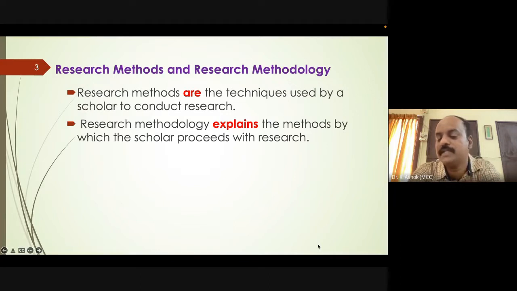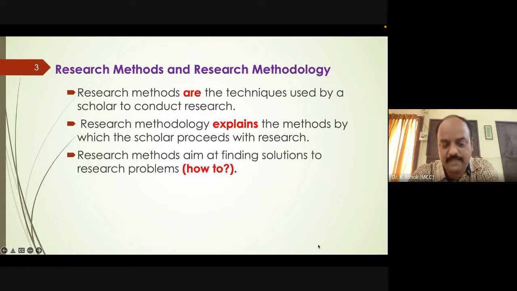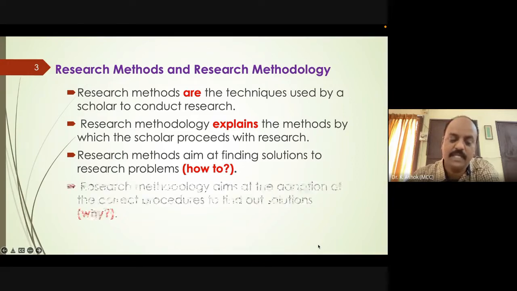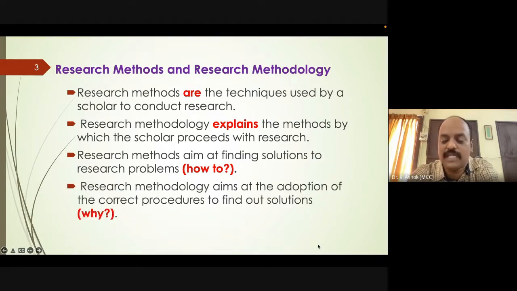The research method is a technique, whereas explaining the research method is nothing but research methodology. Research method aims at finding solutions to research problems. Research methodology aims at adoption of correct procedures to find out solutions.